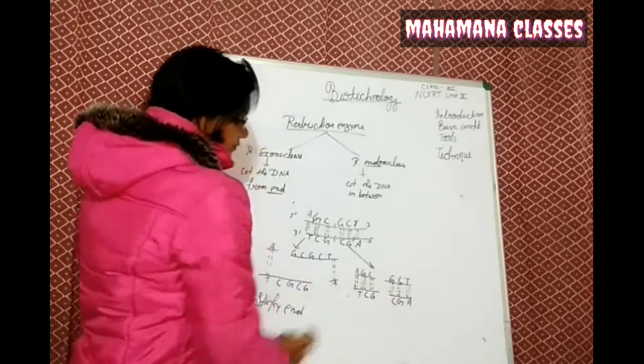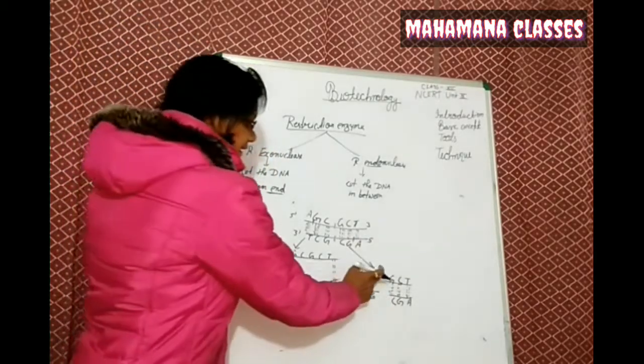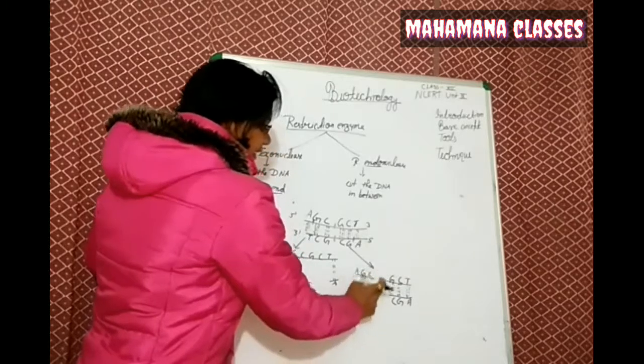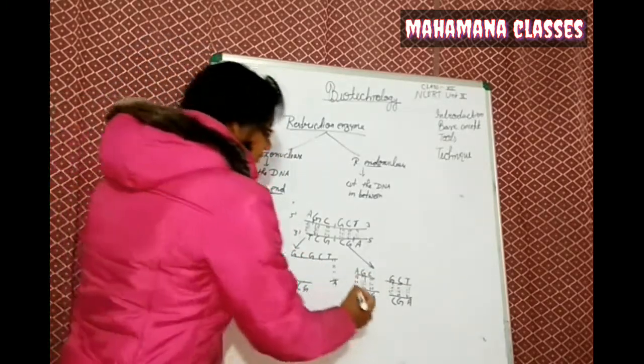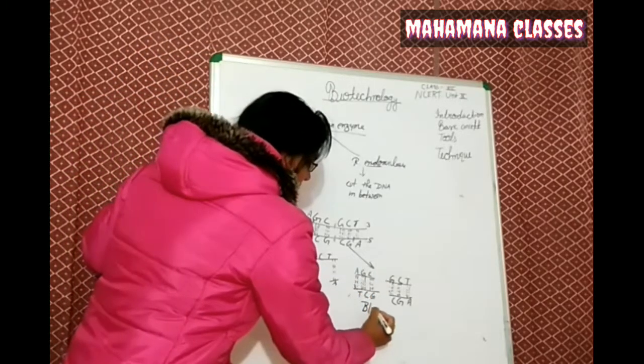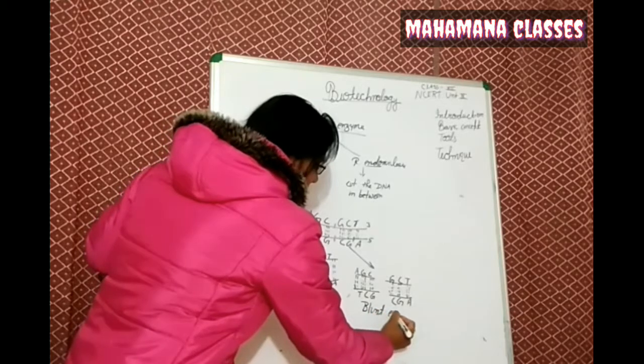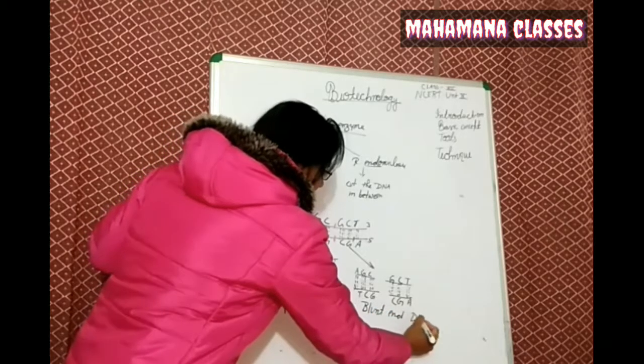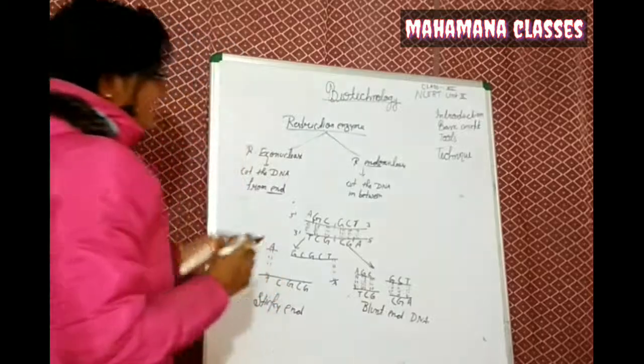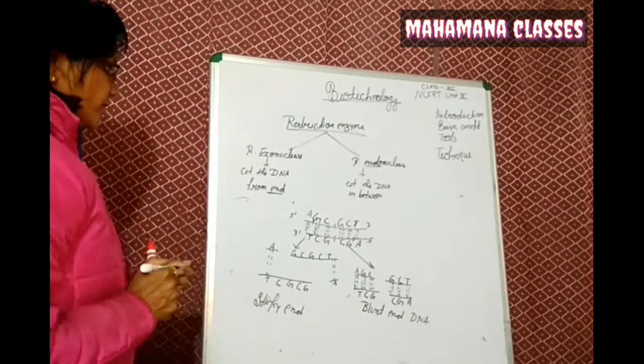In this DNA segment there is no overhanging portion, and this is known as a blunt end. Blunt-end DNA segments are not very useful in biotechnology.